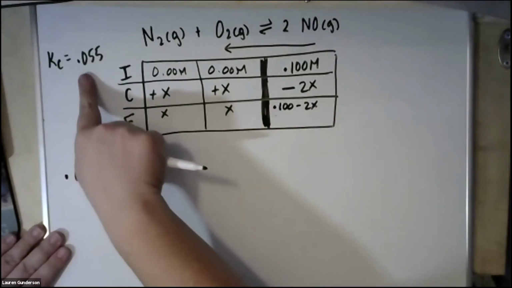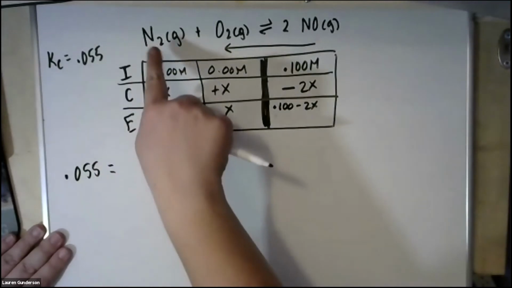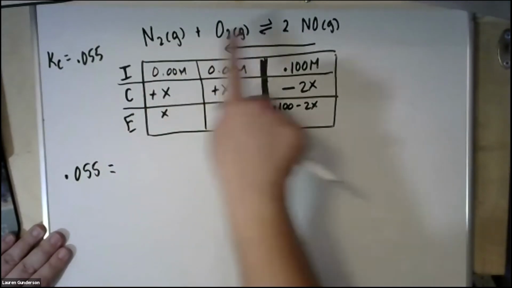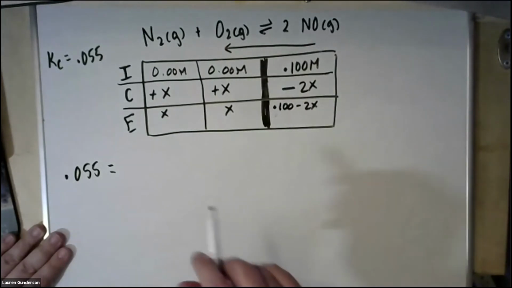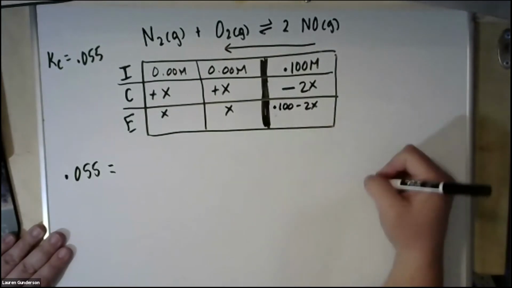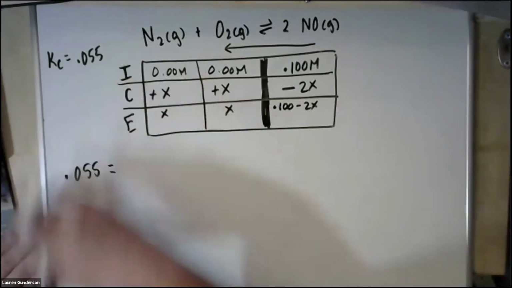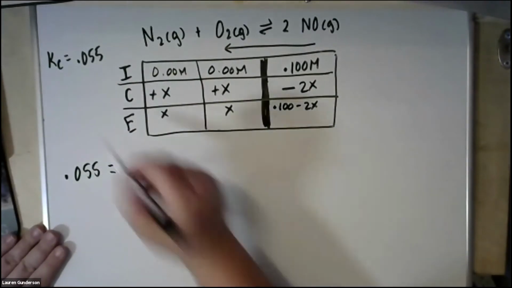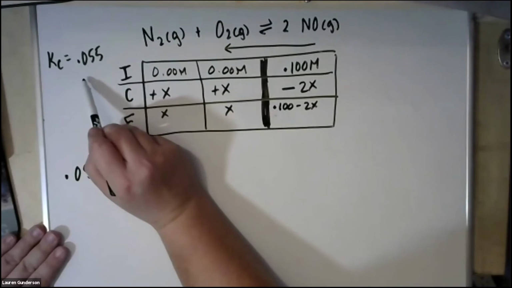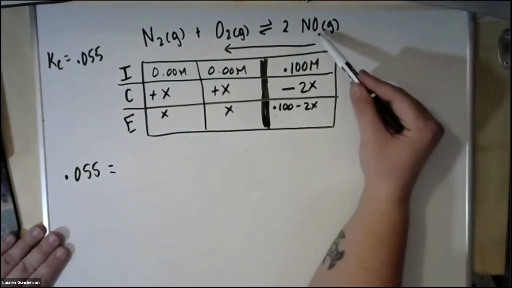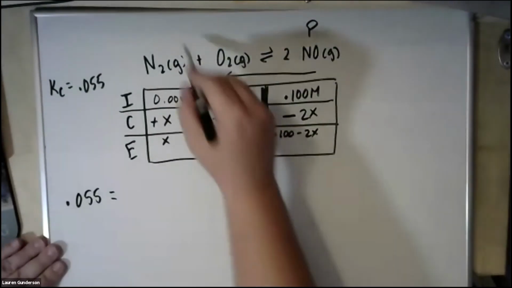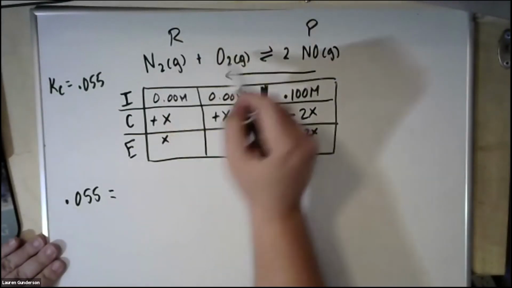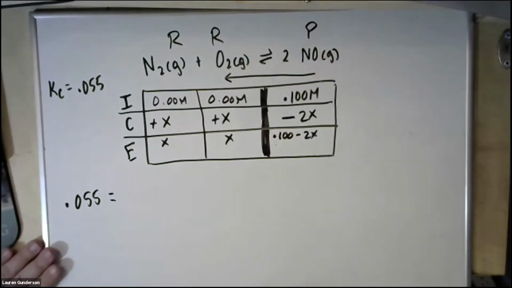This Kc expression is true when nitrogen and oxygen are our reactants and NO is our product. It's not like we're physically rewriting the reaction and we're going to take the inverse of K or anything like that. If we use this Kc value, then we have to label our NO as product and our nitrogen and oxygen as our reactants.